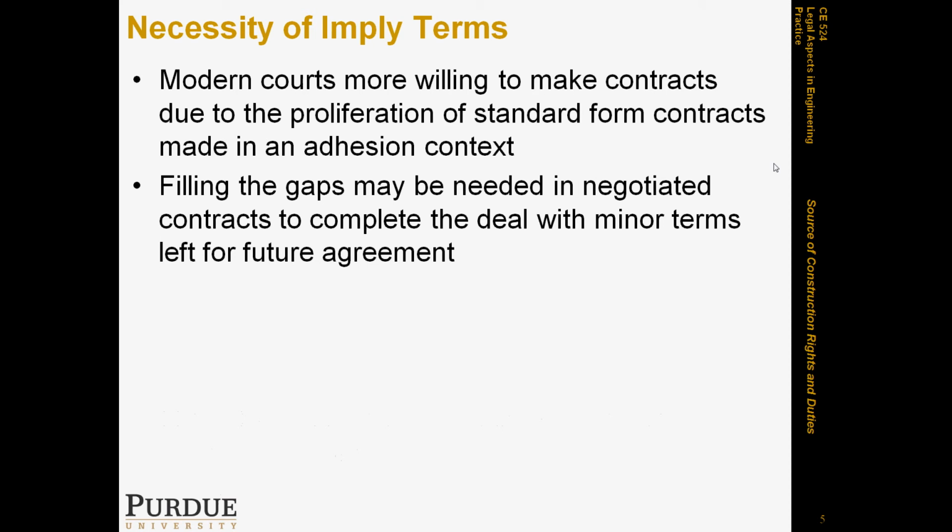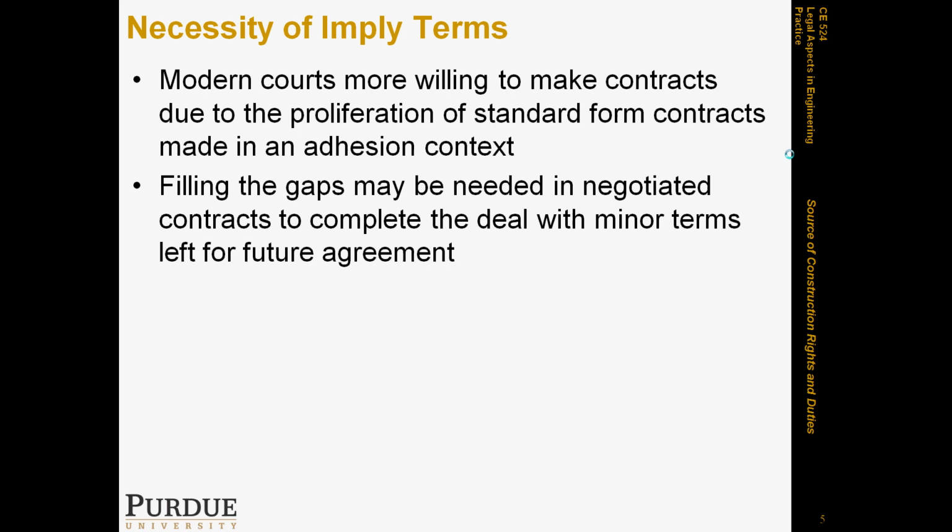Filling in those gaps may need some negotiations. The idea is that you want to make sure that the gaps that are left are not really huge ones. When you're constructing a contract, you only leave very minor items that are not discussed or not agreed upon, so that courts would not find themselves trying to interpret entire contracts.